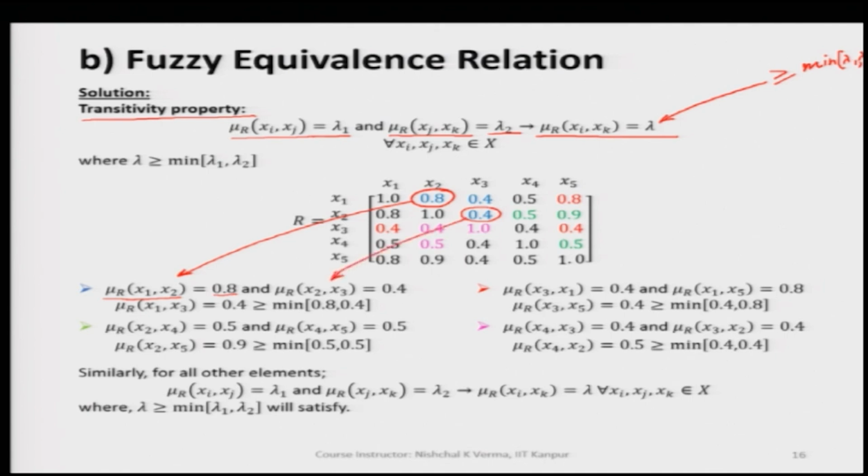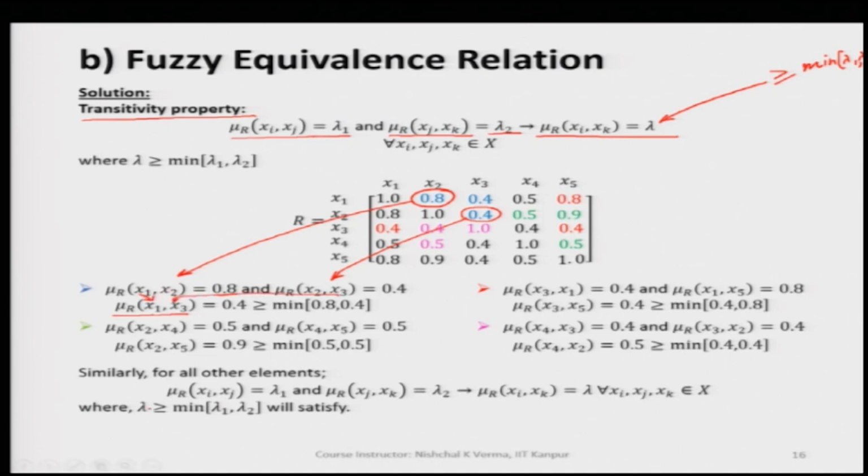Now, as per the criteria that has been given for transitivity property, we need to take mu r x 1 x 3, because you see x 1 is coming from here, and x 3 is coming from here.